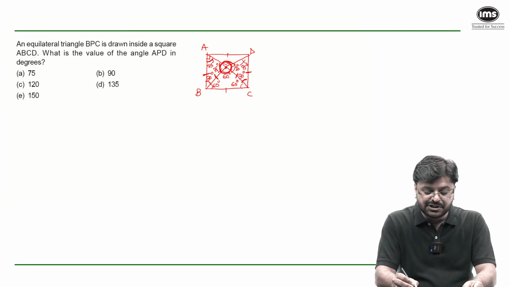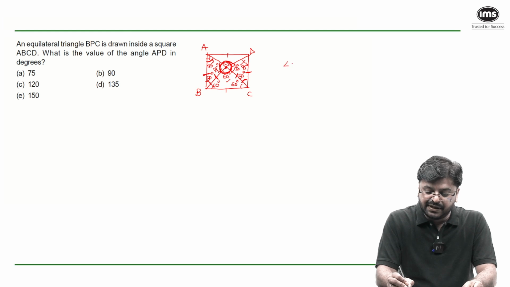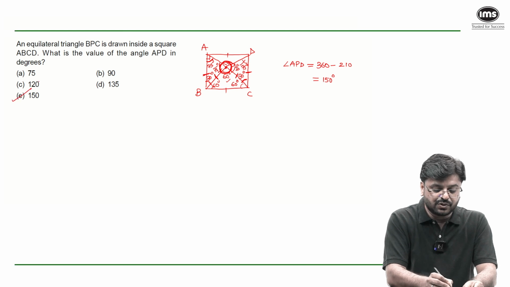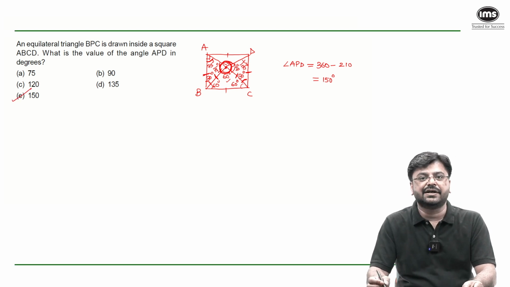This part is 75. This is 60. So, till now we have 210. So, angle APD is 360 minus 210, which is equal to 150. So, option E here is the right answer.